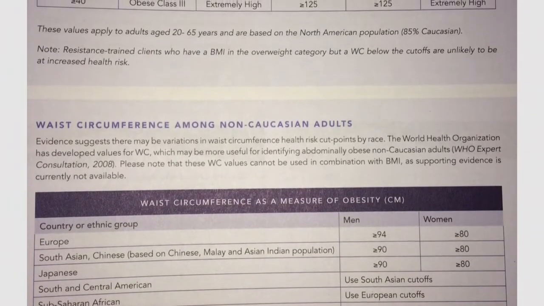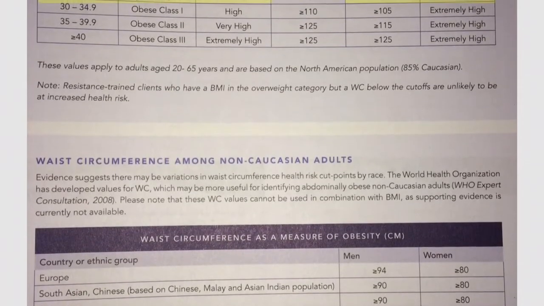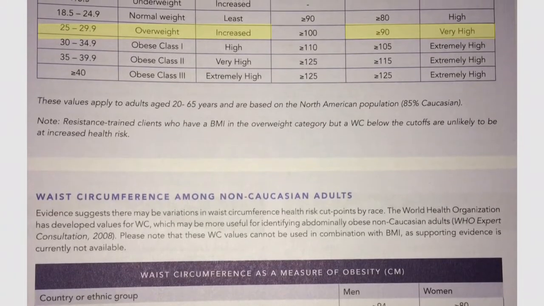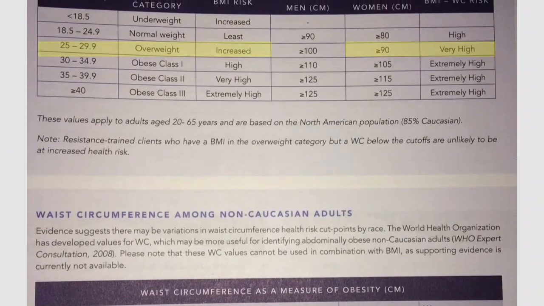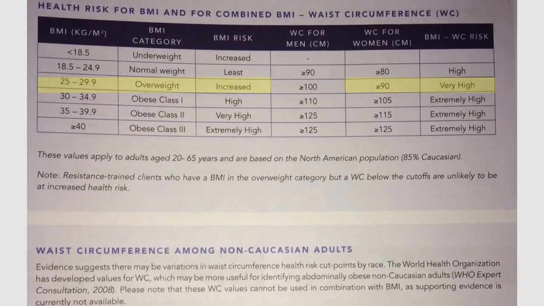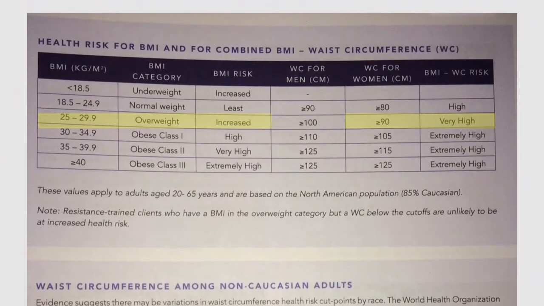This means her BMI category was overweight and her BMI risk was increased. We also determined Mom's waist circumference, and we found that her waist circumference was 84 centimeters. This means that her BMI waist circumference risk factor was very high.